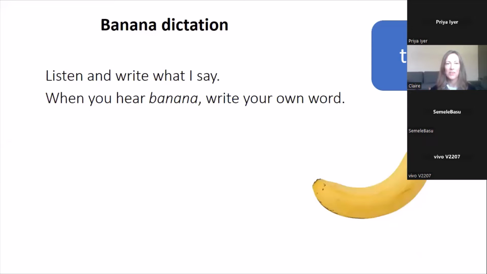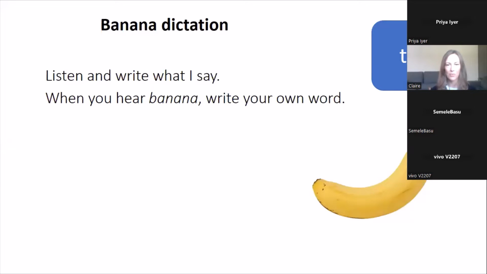And when I say the word banana, I'd like you to write your own word. So for example, if I say, my name is Banana, you would write my name is, and then your own name. All right, so write exactly what I say. But when I say banana, write your own word. Ready? Pen and paper at the ready, off you go.